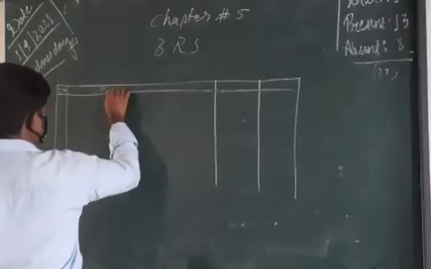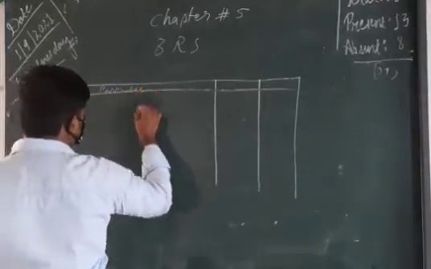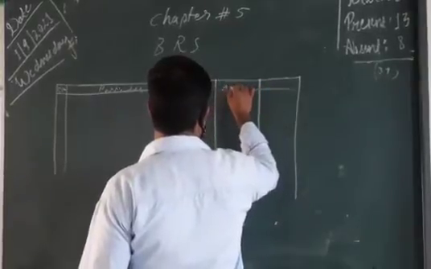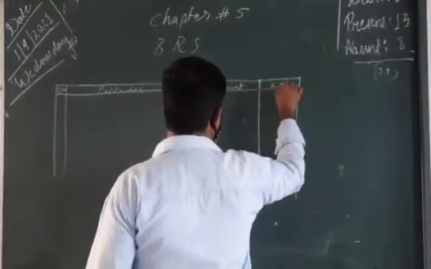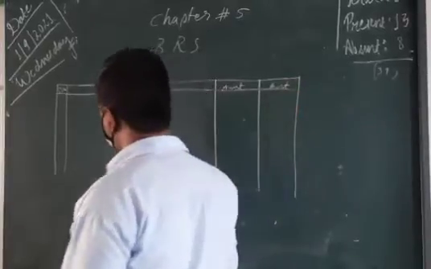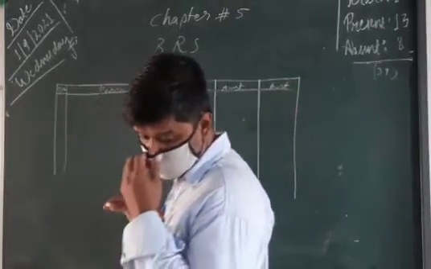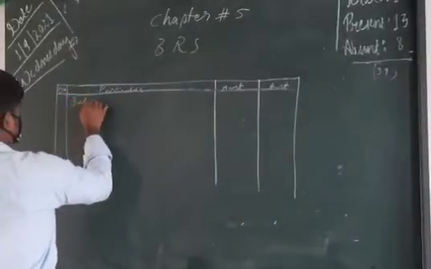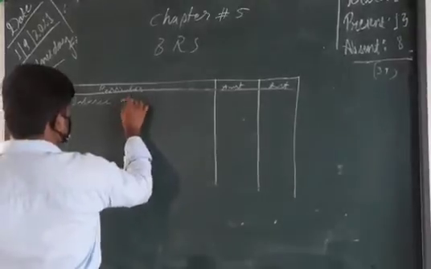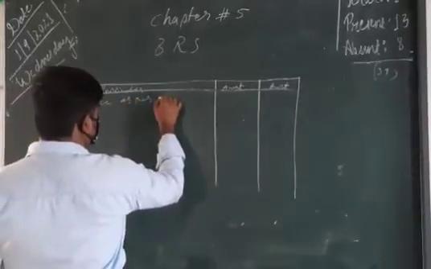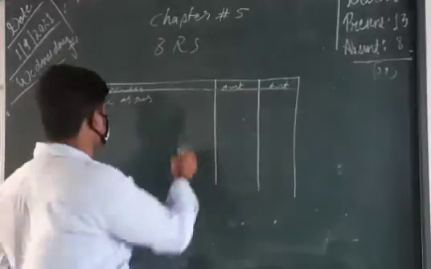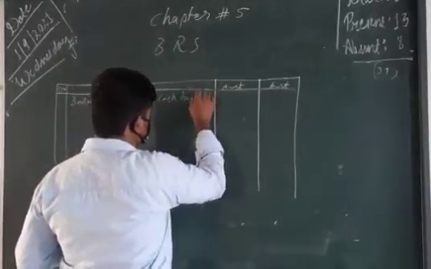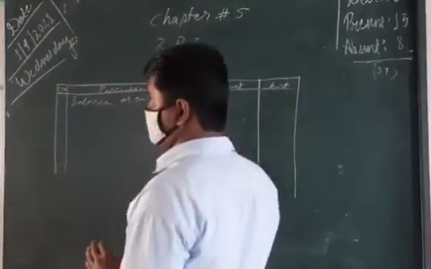Here you can write the details, and here amount, here also amount. So the first item we write is the balance as per cash book, which is given now.